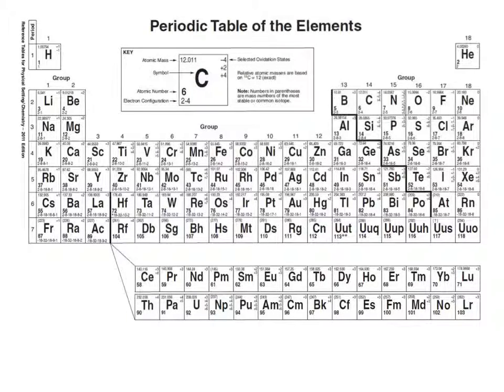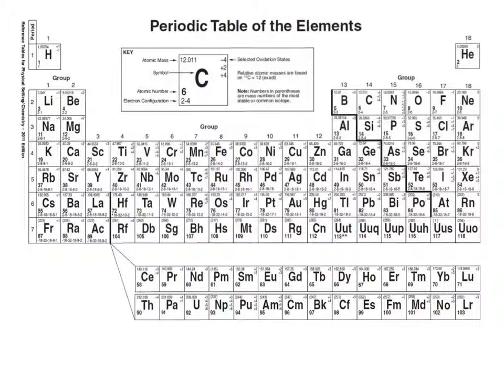This is the periodic table that we will be using over the course of the year, and what's wonderful is there's so much information on here that you can reference on any test throughout the entire class, anytime.